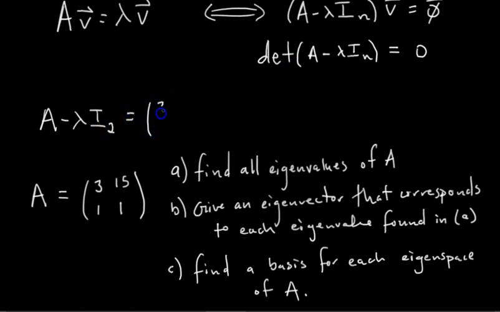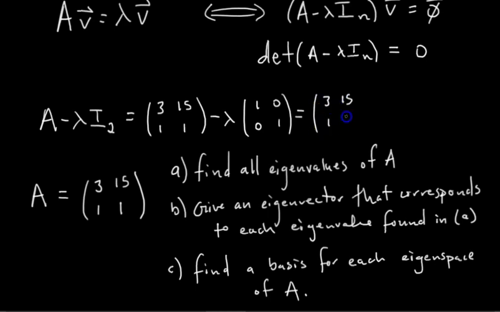We have A, which is 3, 15, 1, 1. And we're subtracting lambda times the 2 by 2 identity matrix. Then we distribute the lambda to each entry, so we get lambda, 0, 0, lambda.